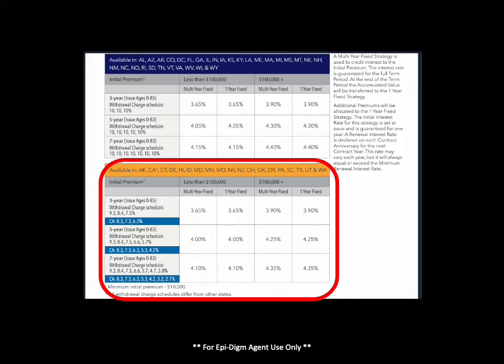So Athene's Max Rate is a true 3-year surrender charge product. Unlike Enico, you don't need to move your money out within 30 days after the third year anniversary. After 3 years, there are no surrender charges. That's a plus. That is a little better than Enico in some sense, but you get to see a little more, right?